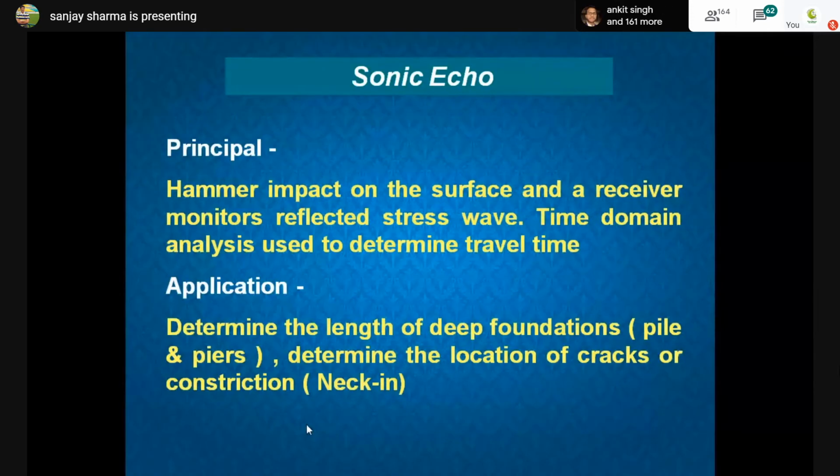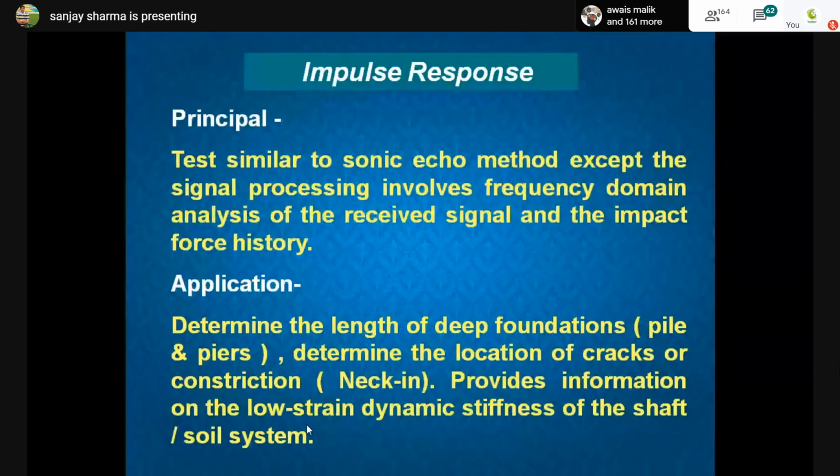This is a sonic echo also. This is again the same type of test where we use a hammer for impacting the surface and a receiver to monitor the reflected stress waves. It is very useful in deep foundations like piles and piers and for determining the location of cracks in construction.